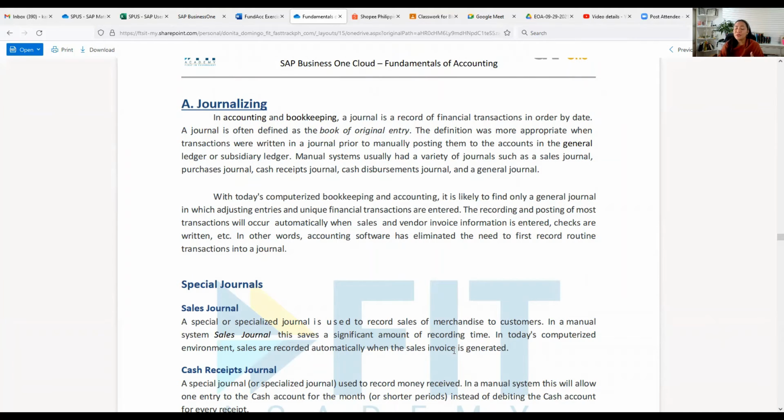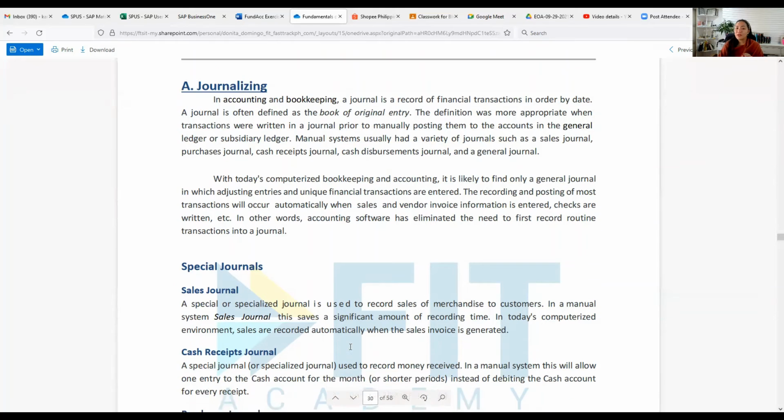But with today's computerized bookkeeping and accounting, it is likely to find only a general journal in which adjusting entries and unique financial transactions are entered. The recording and posting of most transactions will occur automatically when sales and vendor invoice information is entered and checks are written. In other words, accounting software has eliminated the need to first record routine transactions into a journal.